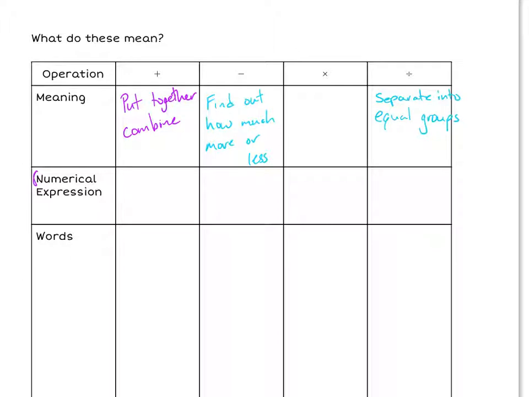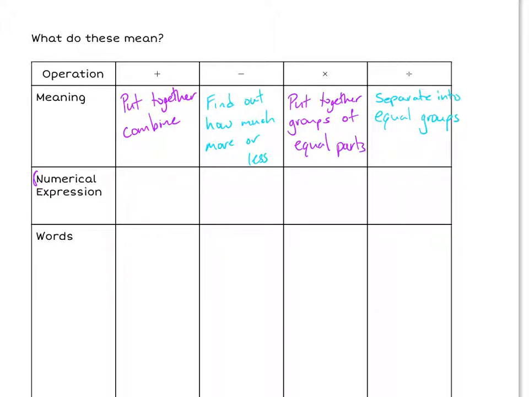Multiplication. I'm not a huge fan of how they have it here, but I think we all know what multiply means. The book definition is put together. So we're still doing the putting together. Both addition and multiplication is putting together groups of equal parts.